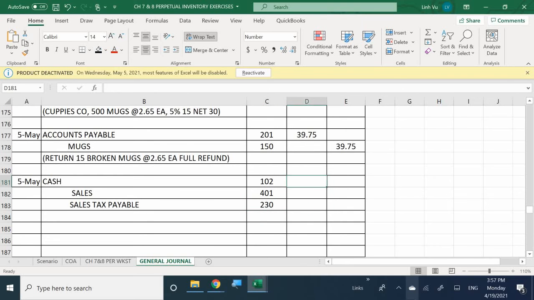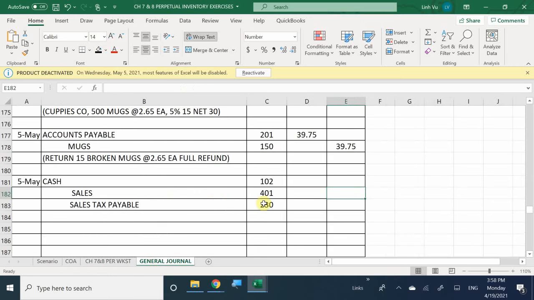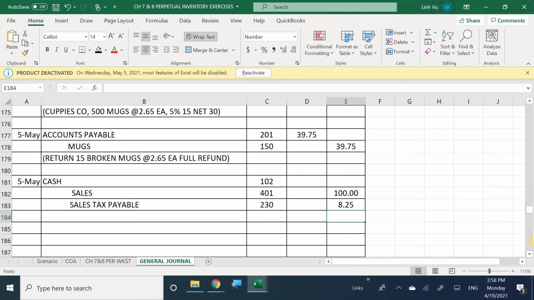Okay. So first things first. How many mugs did I sell? 10. At what price? $10 each. So what's my total sales? $100. How much is my tax going to be? $8.25.